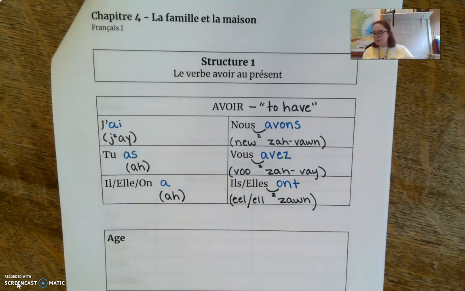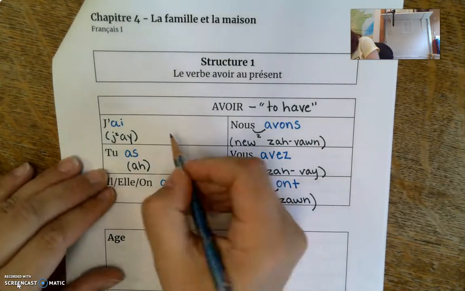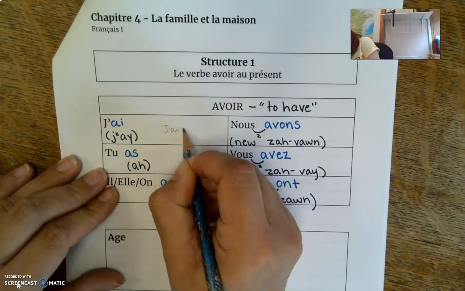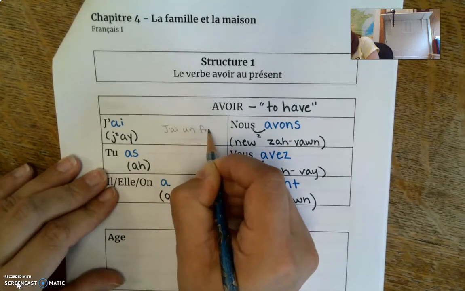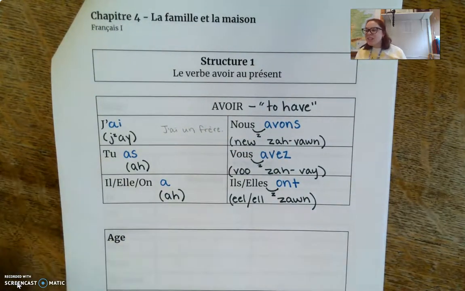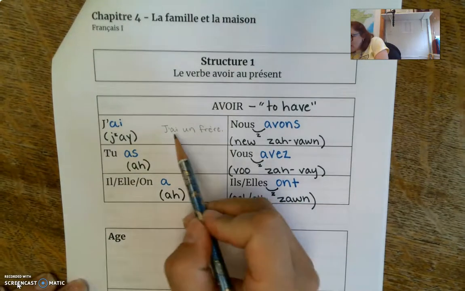I might say, j'ai un frère. It's a positive sentence. So when I make this kind of sentence negative, remember we're going to put the negative markers around that verb.